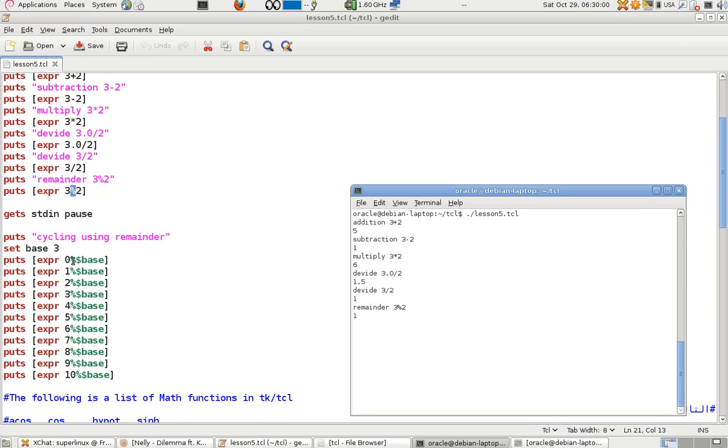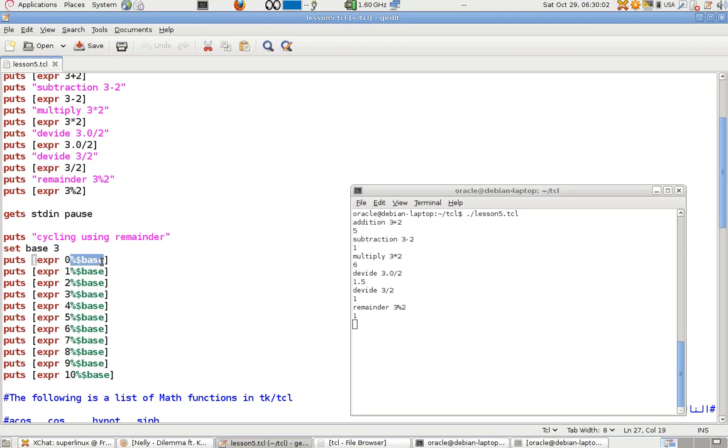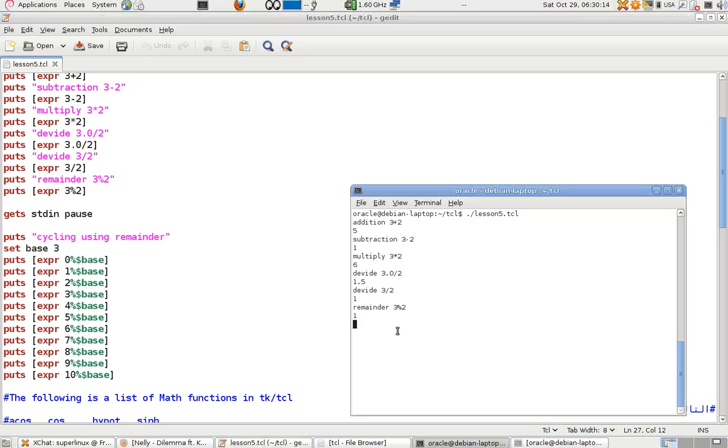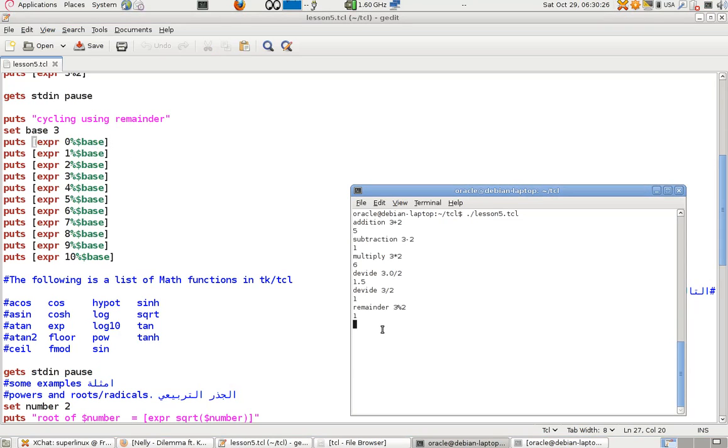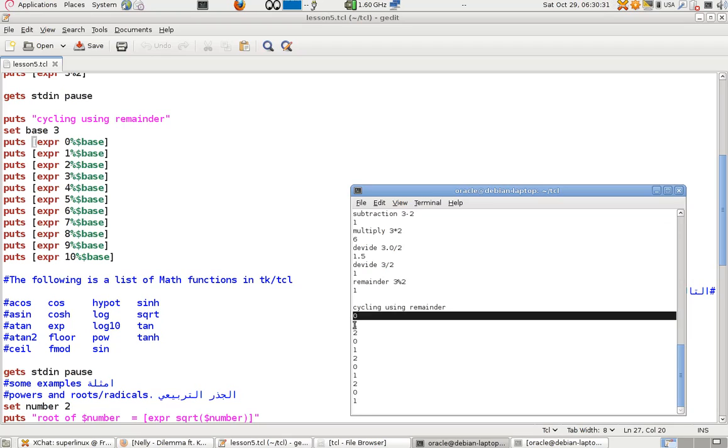If I set the division by 3, for example, from 0 until 10 modulus 3, look at what will happen. Look at the way that over 3 things will be cyclic. So this is it. It will be 0 1 2 0 1 2 0 1 2 0 1 2.